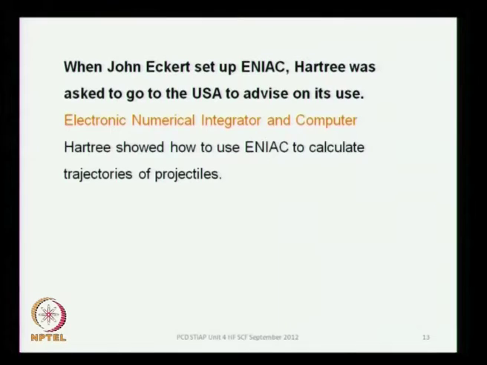A large number of computations had to be done, and this was obviously in the pre-computer days. In fact the first computer, as you know, is the ENIAC, and when this was developed, Hartree was invited to advise, because unless there is somebody to use a good machine, you cannot really develop a good machine. So, all major computer companies, IBM and so on, do hire atomic physicists even today, so that they can develop their computers.